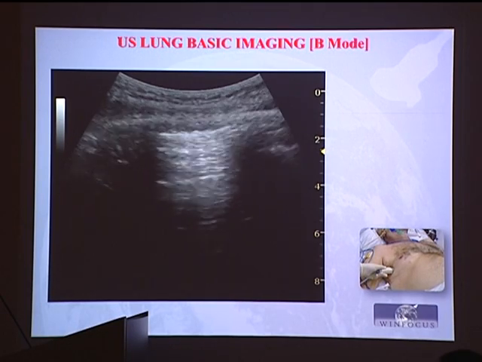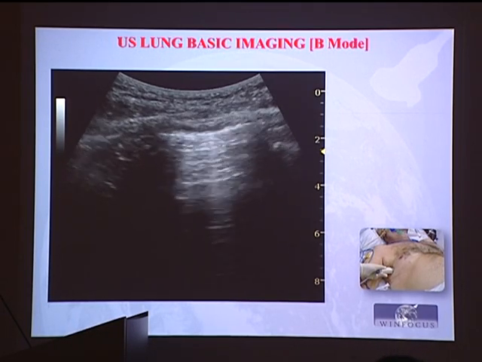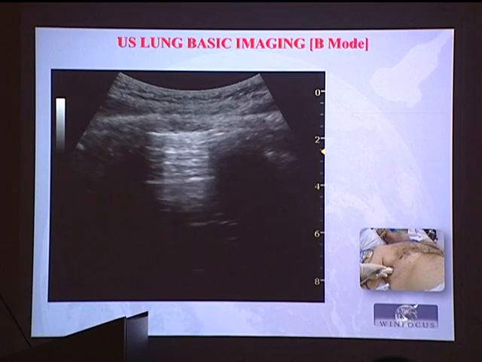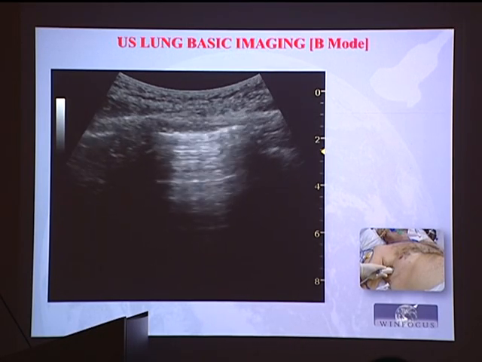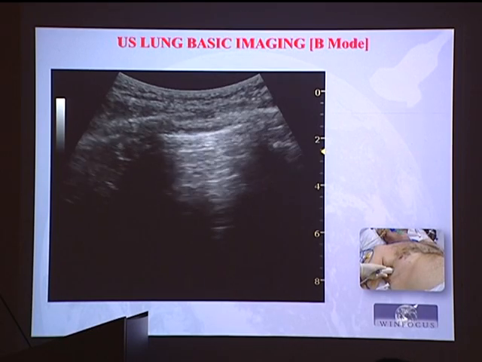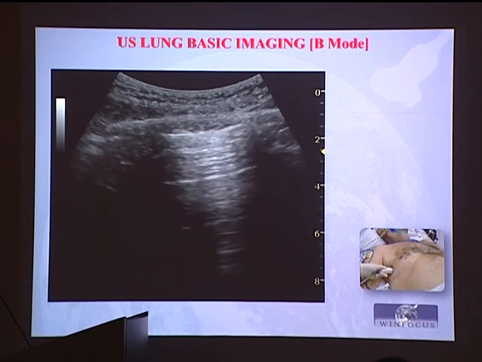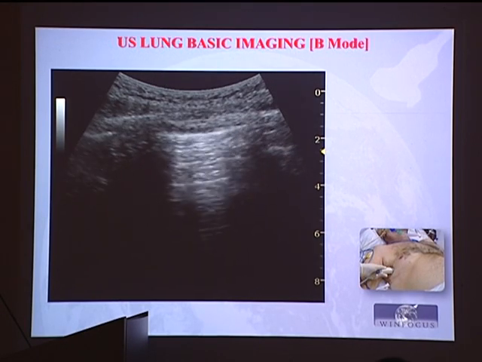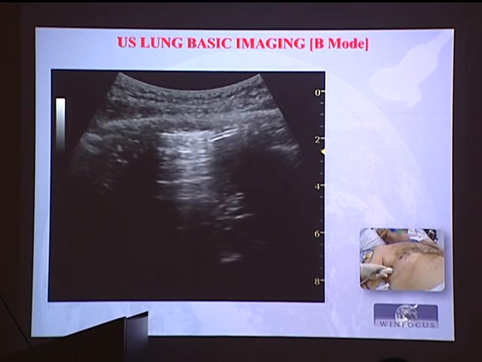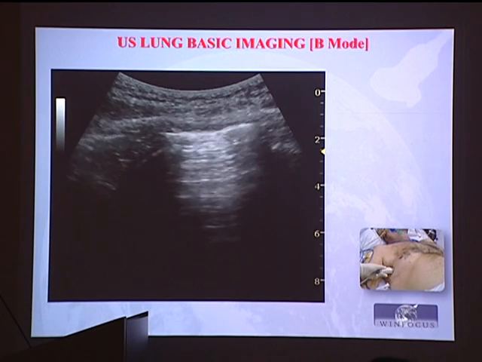So, first of all, is my lung ultrasound examination indicated? I have a clinical question that is appropriate. So, why is there fever? Why is there chest pain? Why is there hypoxia, dyspnea?